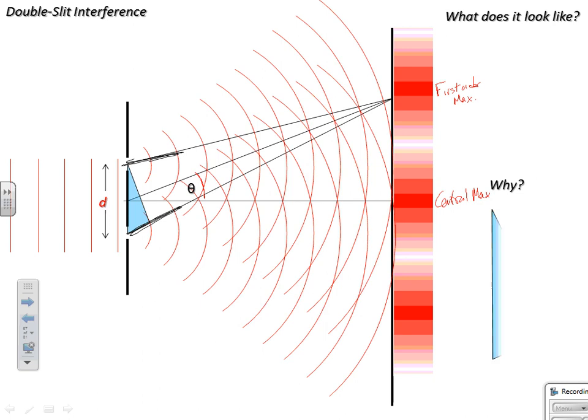All right, and so what we can say is there's an angle here that we call theta, and that same angle shows up right there. We're really saying that this triangle and this triangle are similar.